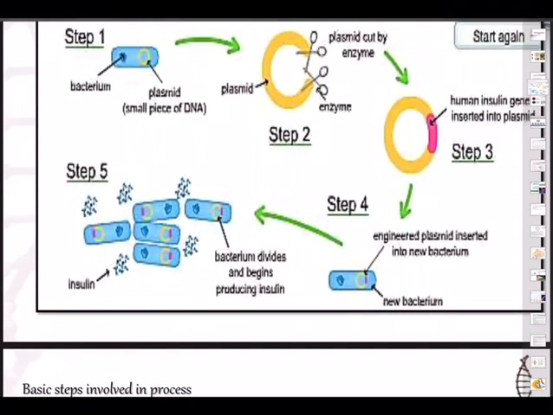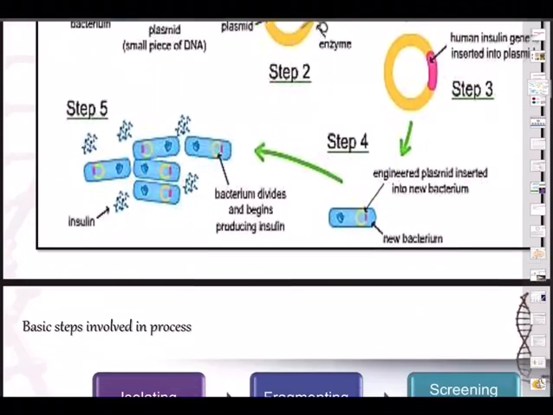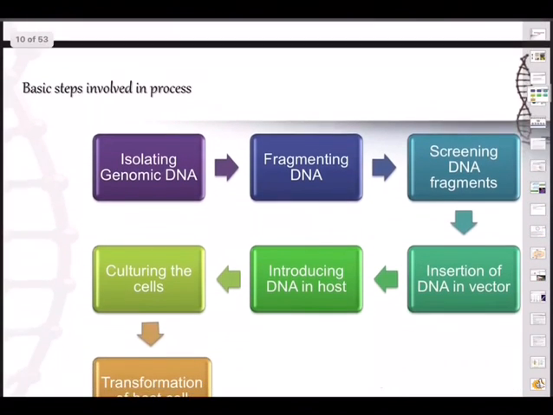The engineered plasmid is inserted into the bacterium like E. coli, and this E. coli will be allowed to be in the host, and the bacterium divides and begins producing insulin naturally. So without any tablet, without any injection, we can help diabetic patients through biotechnology. That is the greatness of this baby.